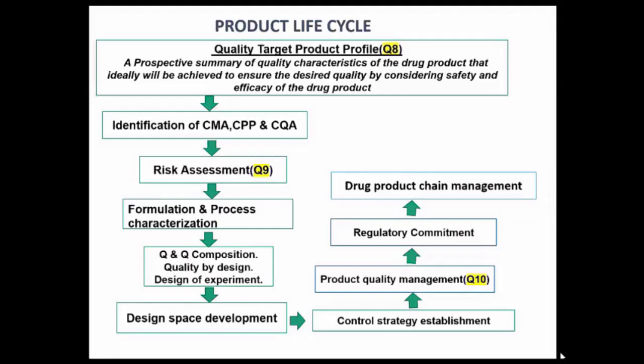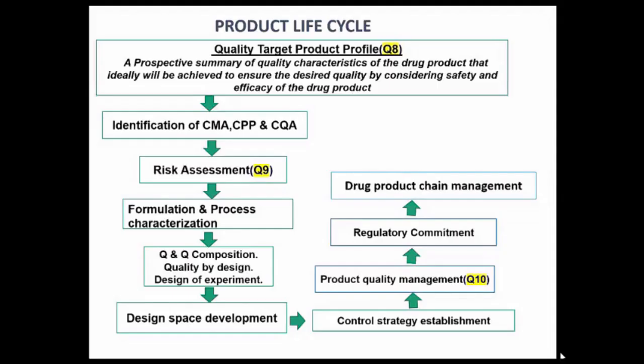Then only you will get approval for manufacturing and production. In this way, the entire drug product chain shall be managed from development to marketing. Patient administration means so many intermediate steps are there. All these steps are meeting acceptance criteria of the innovator characterization. So this is the product life cycle.